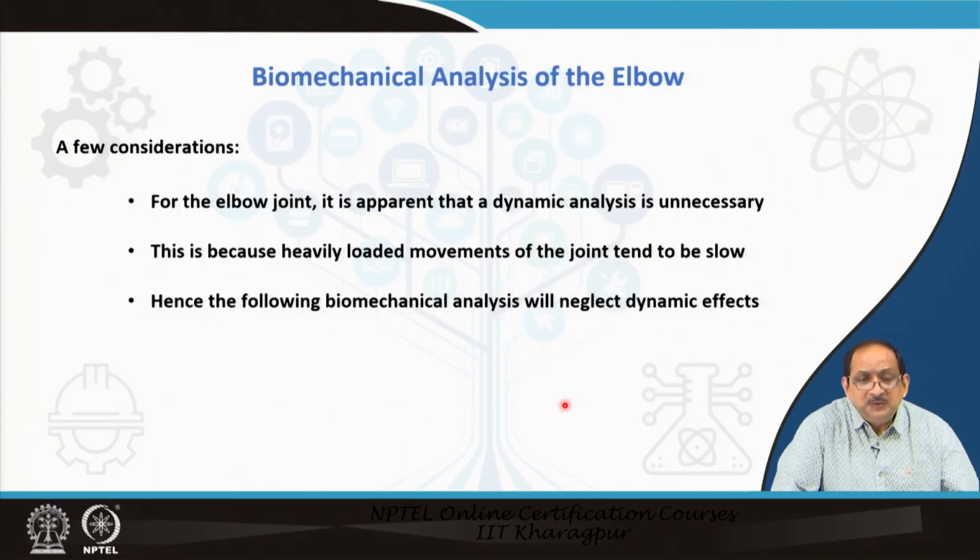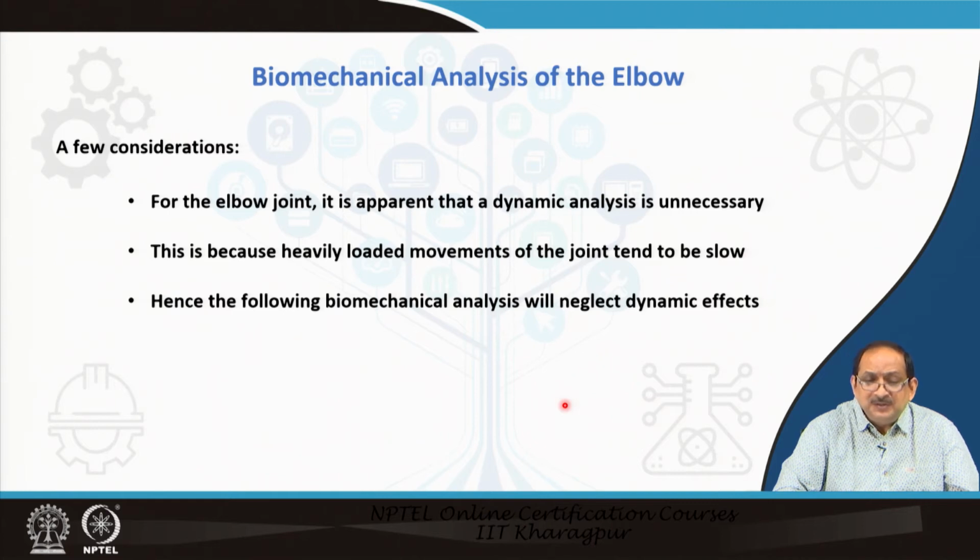Now, let us move to the biomechanical analysis of the elbow. So, this analysis will be based on a solved problem. Before we define the problem, a few considerations need to be discussed. For the elbow joint, it is apparent that a dynamic analysis is not necessary.